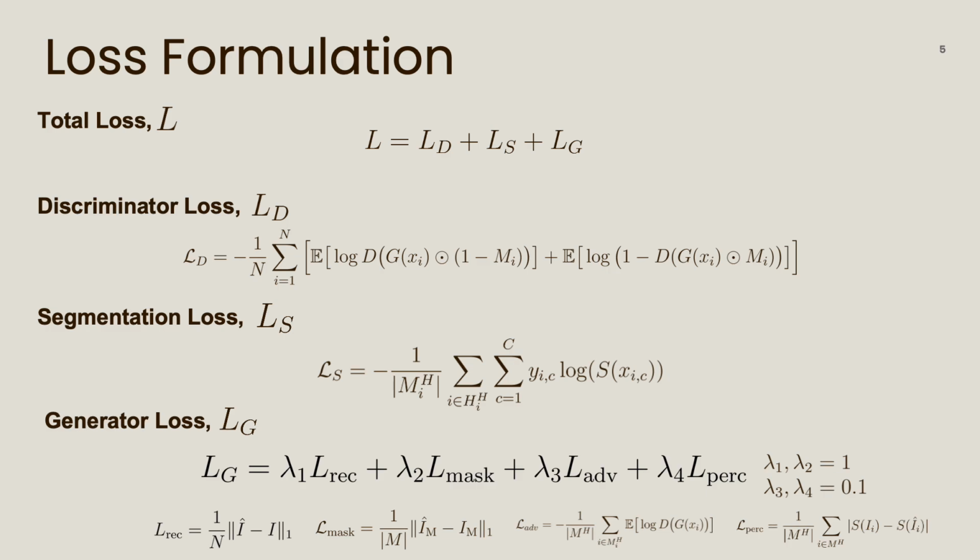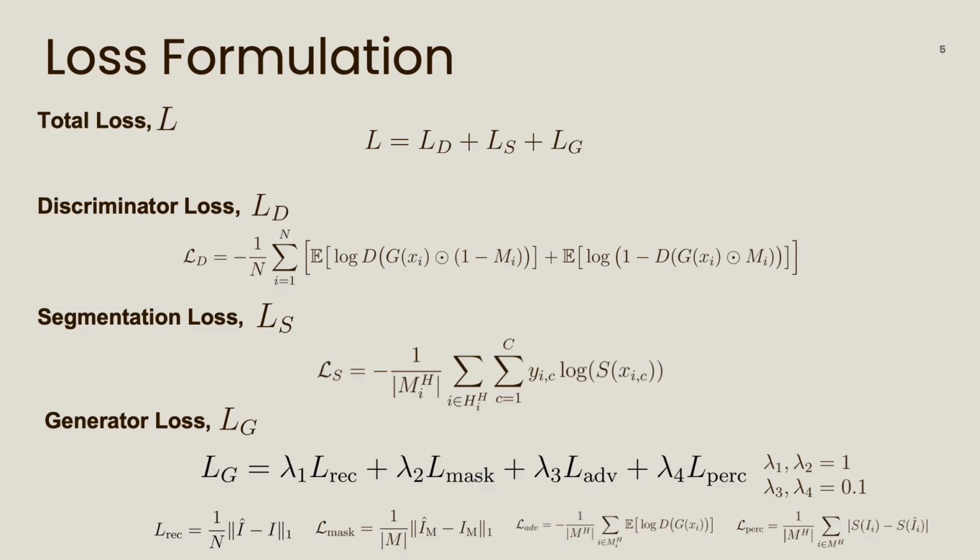For loss formulation, training brings 3 parts together. First, the discriminator learns with binary cross-entropy, labeling voxels as inpainted or reconstructed. The segmentator is supervised with voxel-wise cross-entropy to the pseudo-labels, so its features reflect valid anatomy.